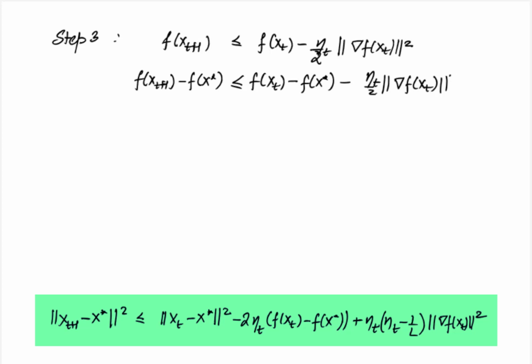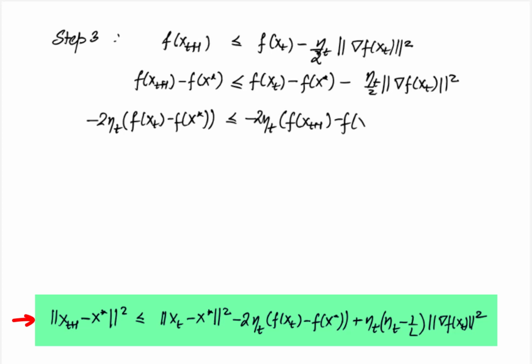Now let us combine this inequality with the one that we have obtained in the previous step. To do so, multiply it by 2 eta t and rearrange so as to obtain minus 2 eta t (f of xt minus f of x star) less than or equal to minus 2 eta t (f of xt+1 minus f of x star) minus eta t square ||gradient f of xt|| square.